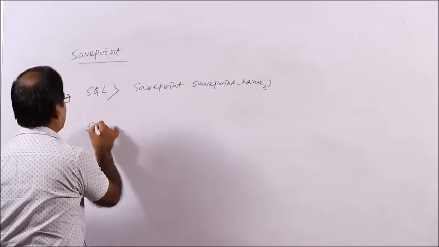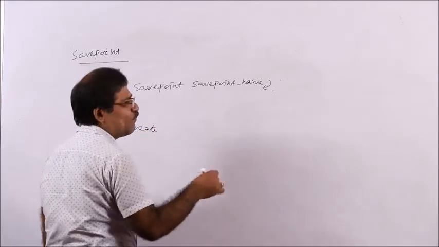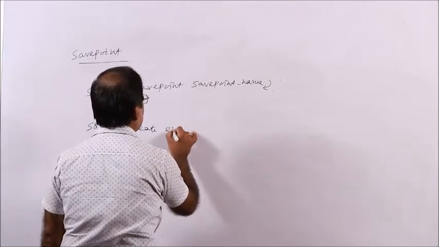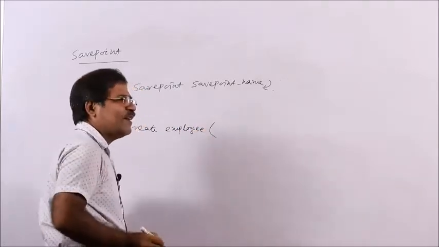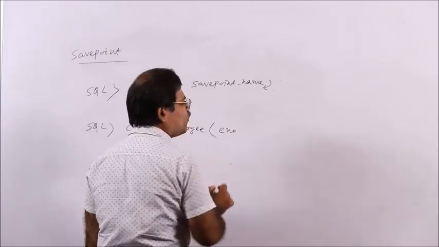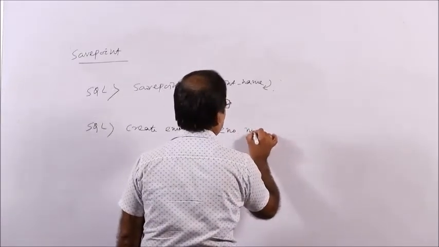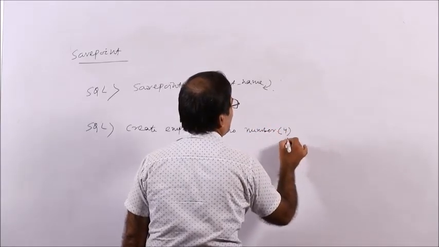Suppose I will create a table. Suppose an employee table. In a particular occasion, I want to create a table. The name of the table is employee. Suppose the employee has employee number and employee name. Employee number is a number type, with size maybe 4.